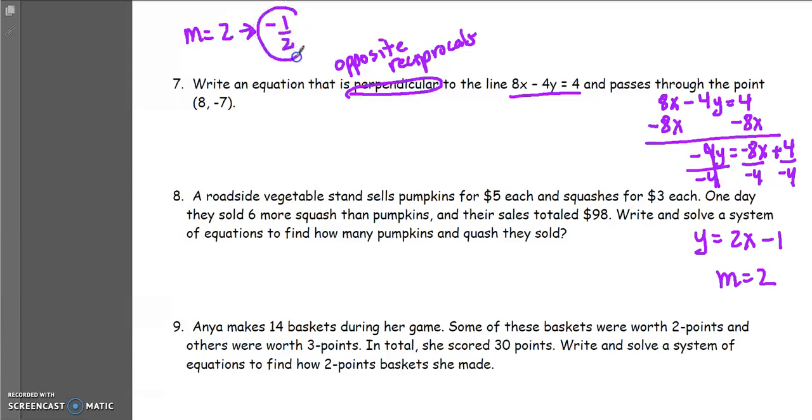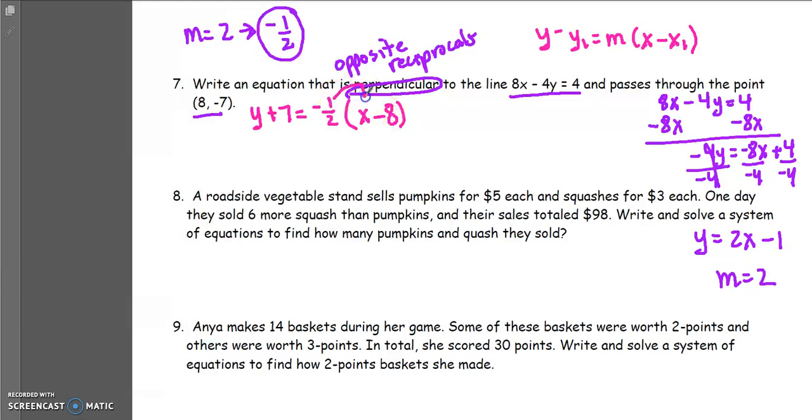So this is my slope I'm going to be using, and this is my point that it needs to pass through. So again, we are going to be putting it into point slope form. So I'll write that up here in pink so we can see it. So that means we're going to have y minus a -7, which means I'll have plus 7, equals my new slope -1/2 times my x minus this x value, which is 8.